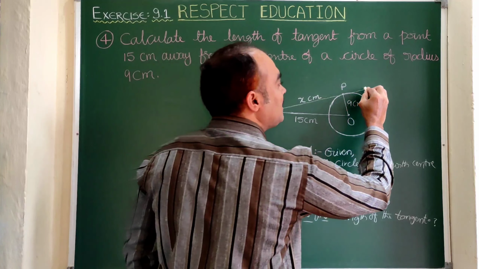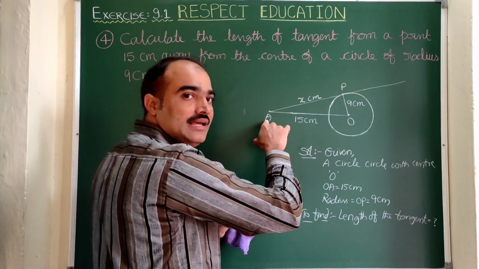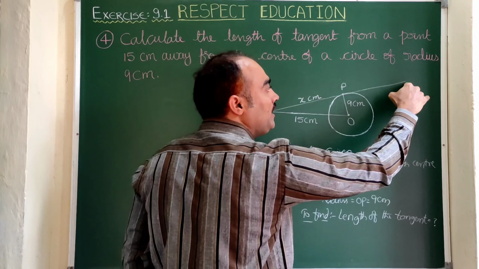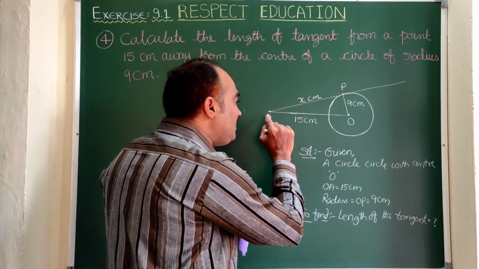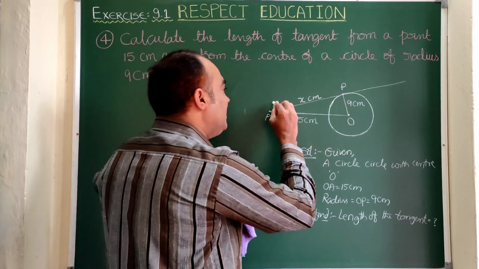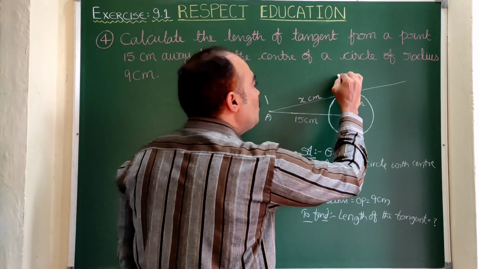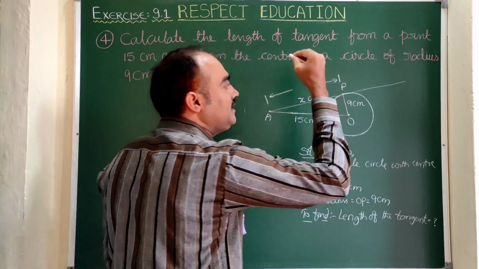Here you do not think that, for example, if I extend it a little bit, we need to find the length from A to this end point. That is not the length of the tangent. The distance between the point to the point of contact, so here from A to P, this part is only called length of tangent.